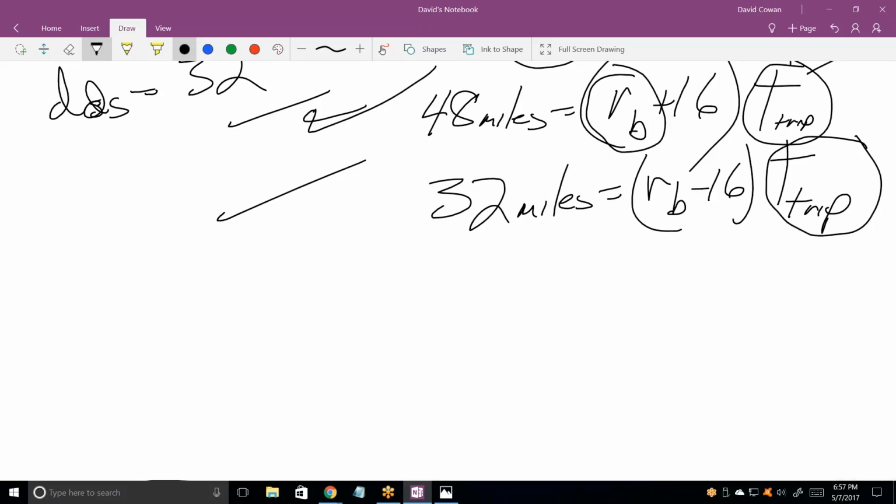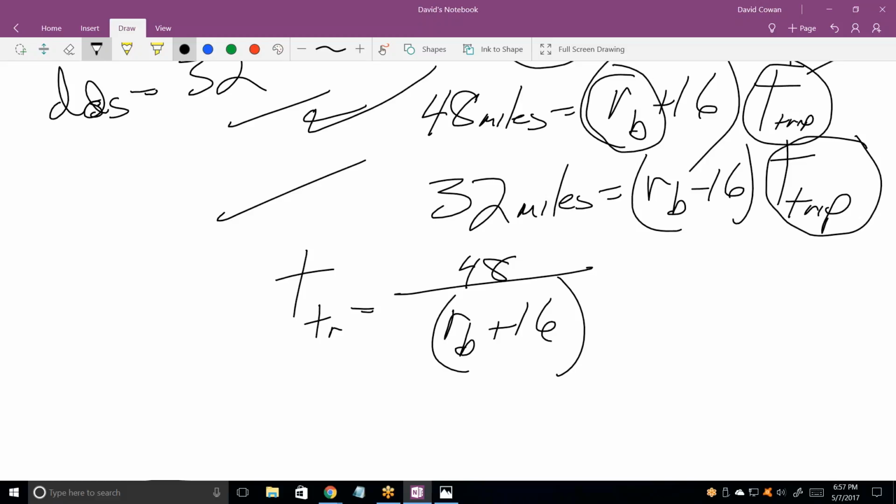And the one thing they're telling me is that the time of the trip was the same. Well, the first equation, the time of the trip equals 48 divided by r sub b plus 16.